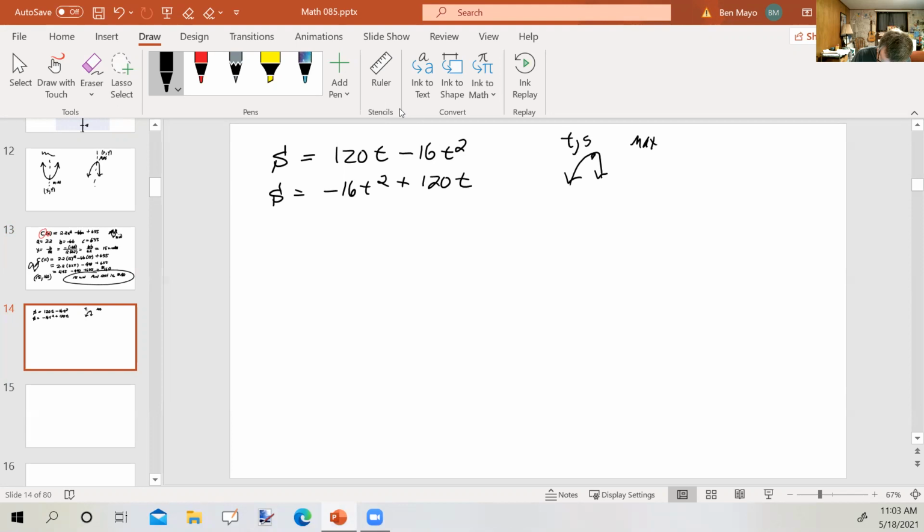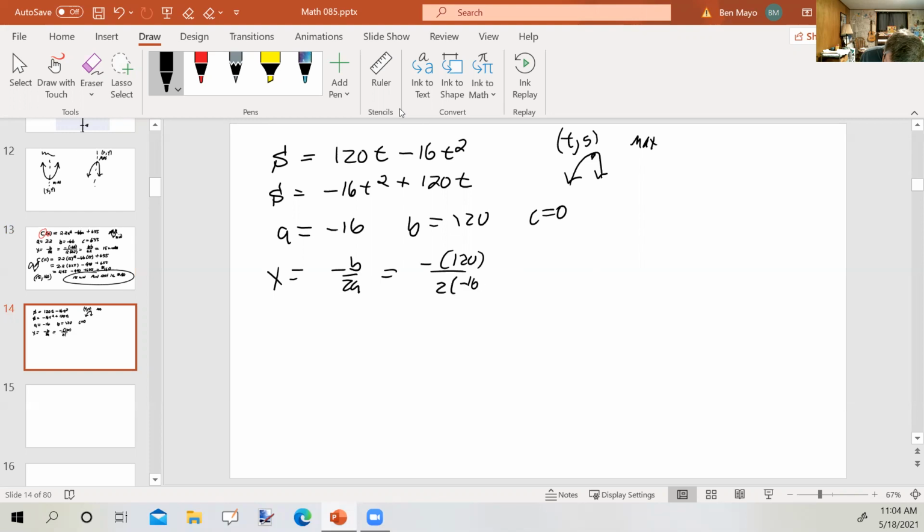So our ordered pair of the vertex is going to be the time at which it reaches the maximum height and the maximum height. So again, we're looking for the vertex. Okay, A is -16, B is 120, and C is 0 in this case. So x equals -b over 2a would be -120 over 2 times -16, which is -120 over -32.